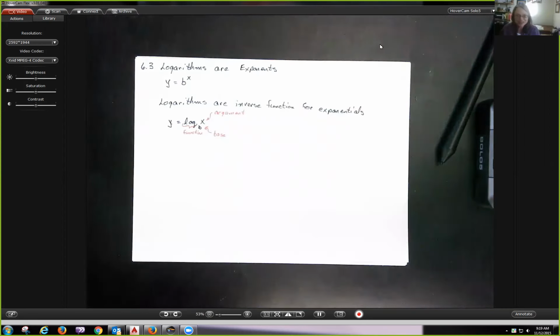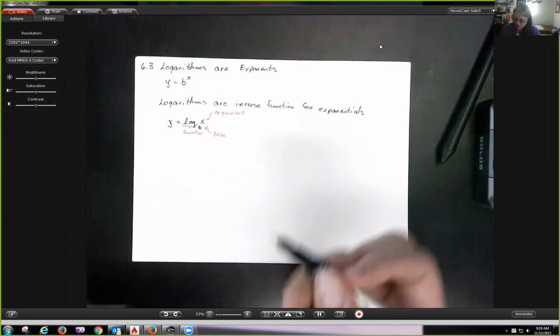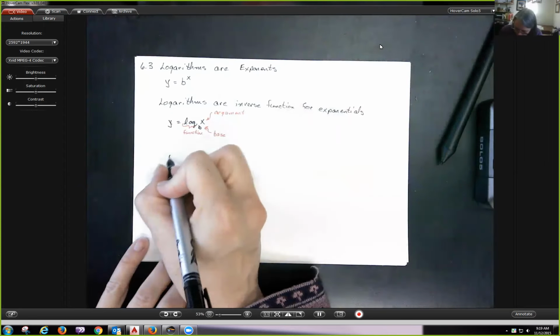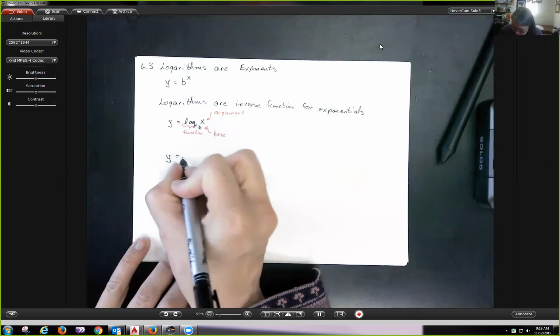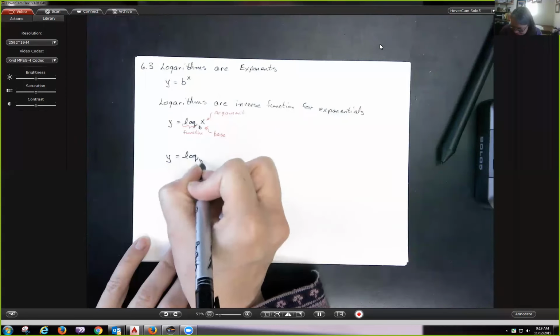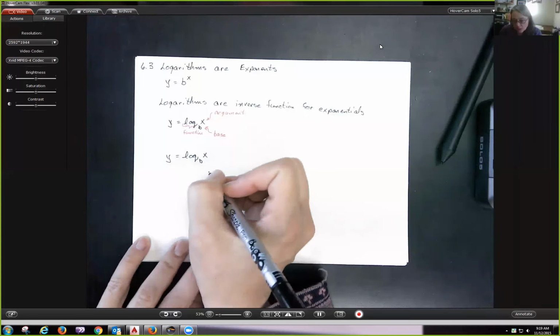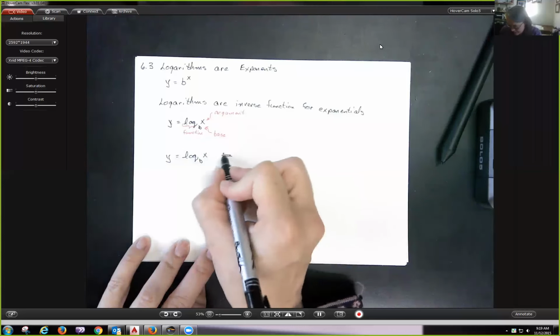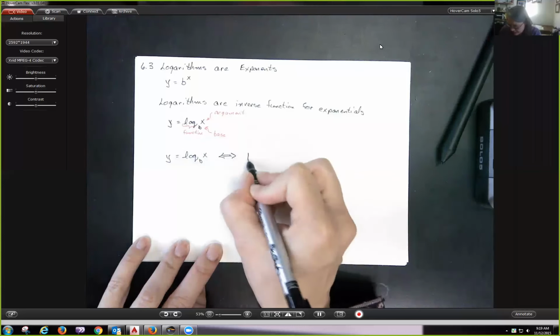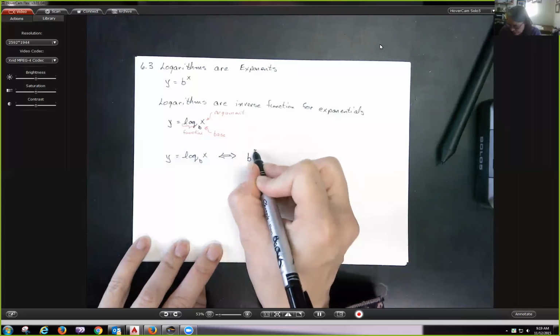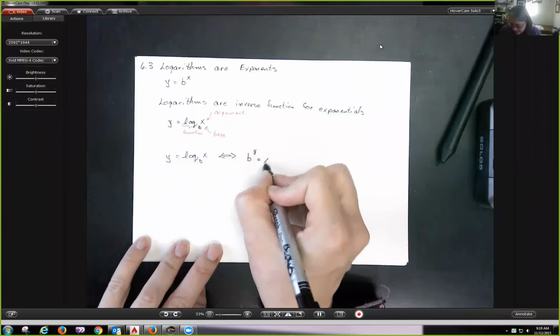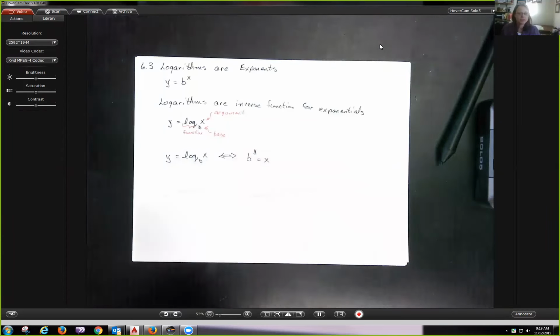All right, now let me tell you what that means. If y equals the log base b of x, what that means is that b to the y equals x. Here's what I want you to notice.